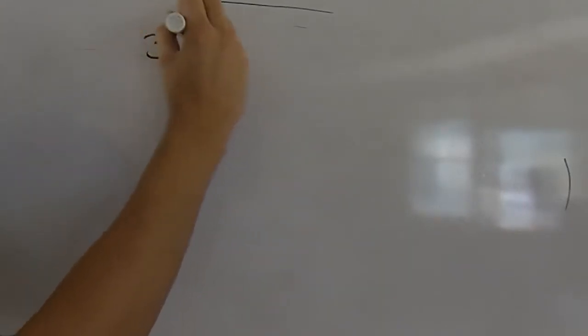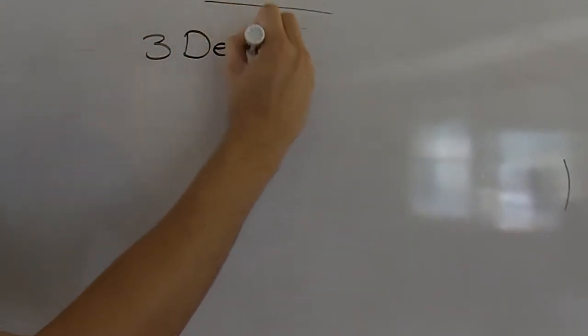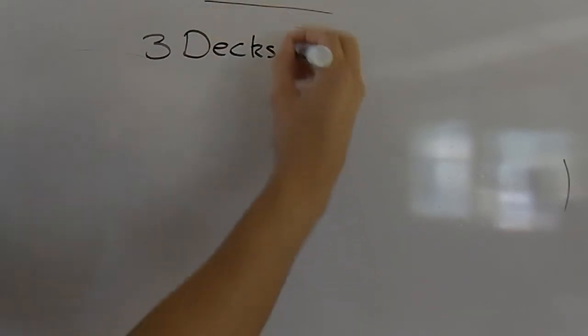So the way a tree diagram works, let's say we wanted to count the outcomes for a skateboard company, and the question is how many different types of skateboards can be made from 3 decks. So that would be the board you stand on.